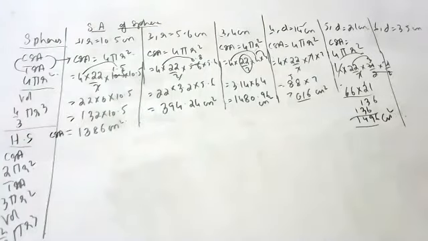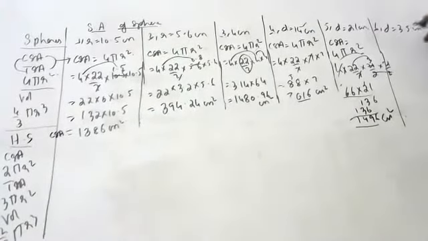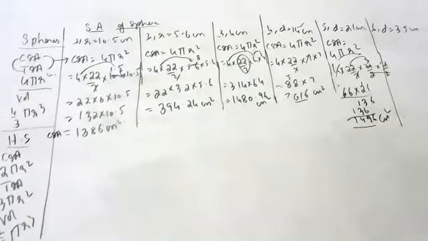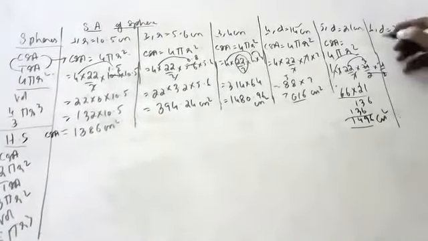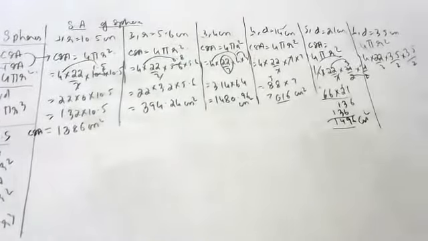Okay. Now, sir, is that diameter 3.5 or is this 35? This is 3.5. Tell. CSA is equal to 4 pi r square. 4 into 22 by 7 into 3.5 by 2 into 3.5 by 2.